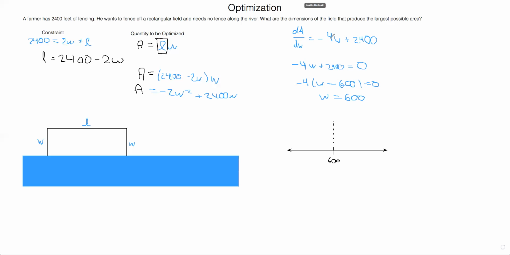If we plug in 0 into our area equation, the whole thing becomes 0, so it would be less in this region. If we plug in, for example, 601, we would also get something smaller. Actually, I think I like your idea better, doing the second derivative test. Show us what that looks like.